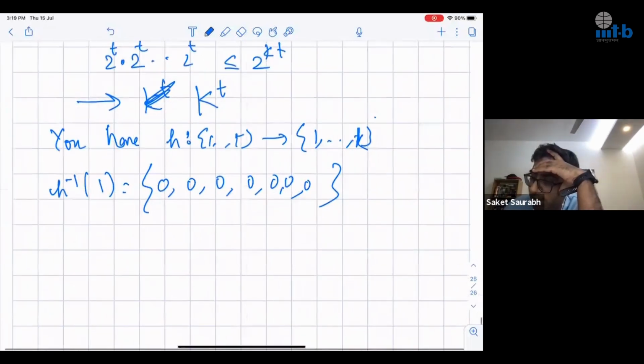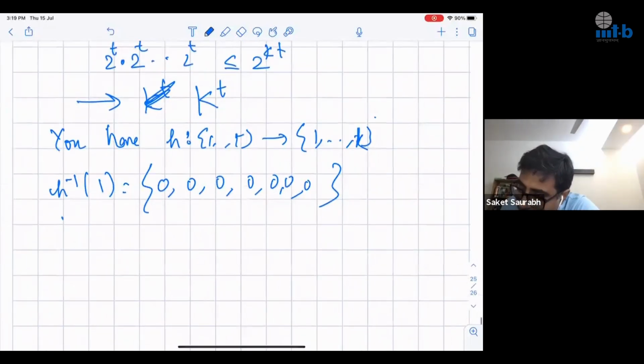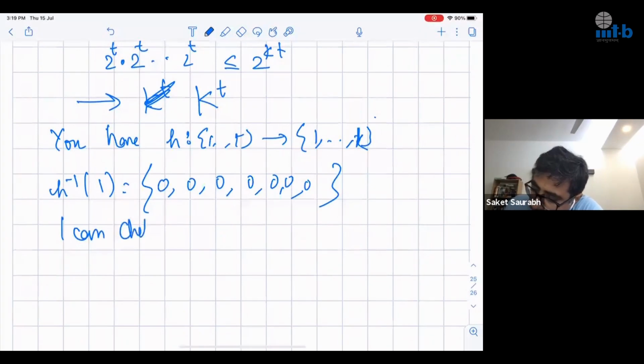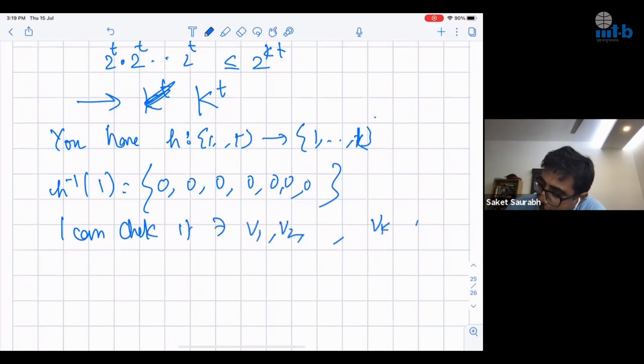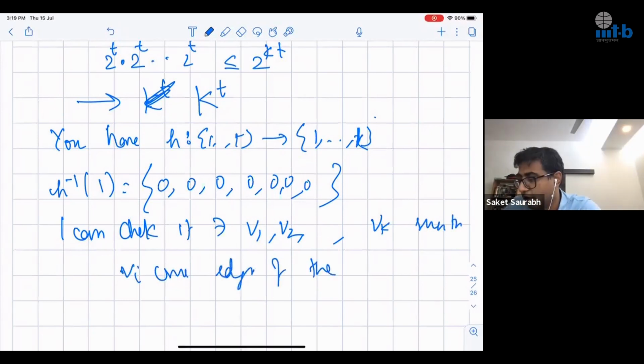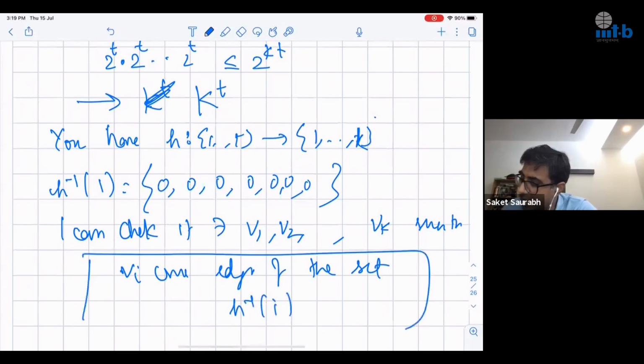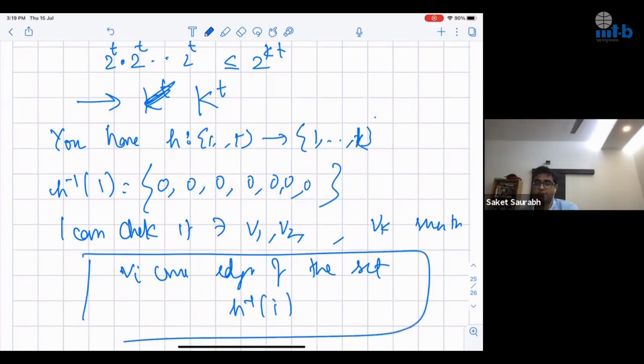Is that if you are given an H function, I can check if there exists V1, V2, Vk such that Vi covers edges in the set H inverse of i. That's it. And this I can check in polytime, right? I look at this vertex of this.